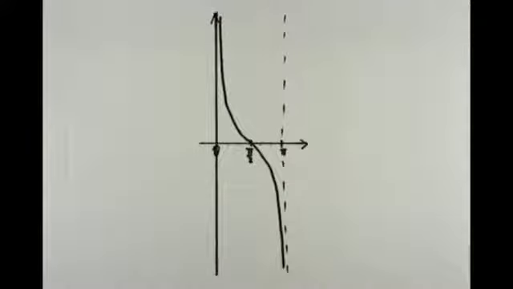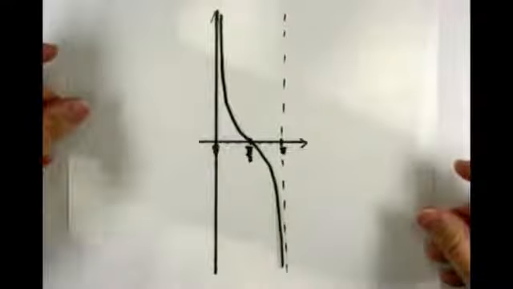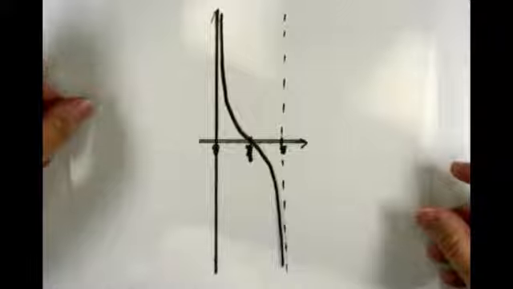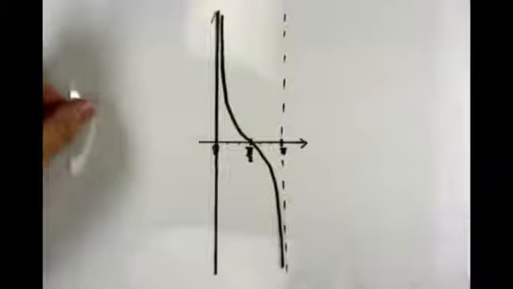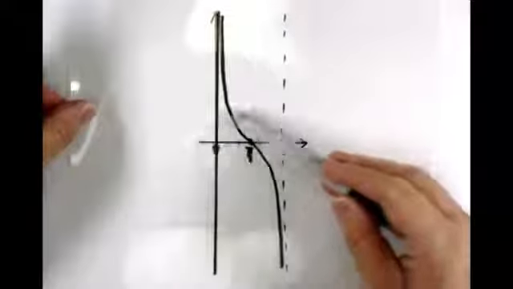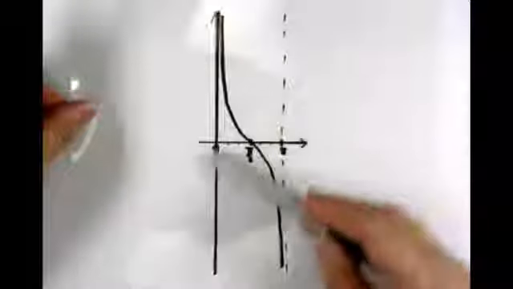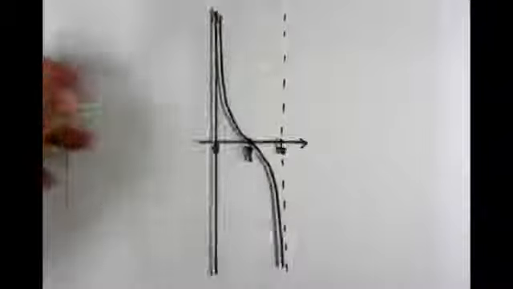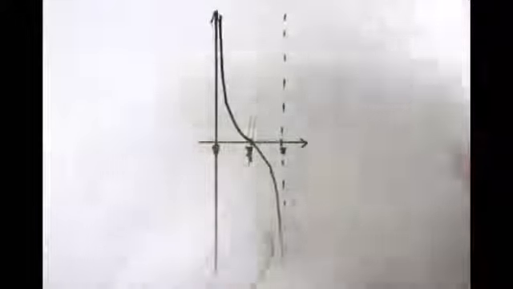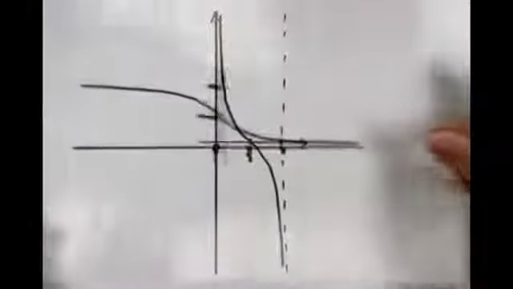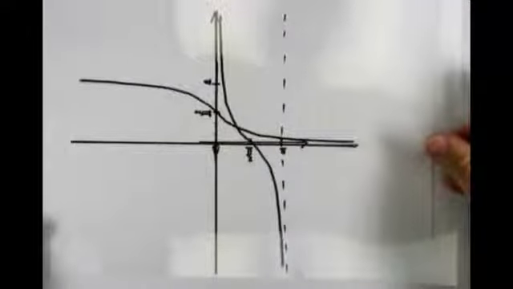And I'm gonna use the overhead to get the inverse. So this is my cotangent function, and the inverse is the reflection by the line y is equal to x. So I need to flip it and reflect it, and here's the inverse.